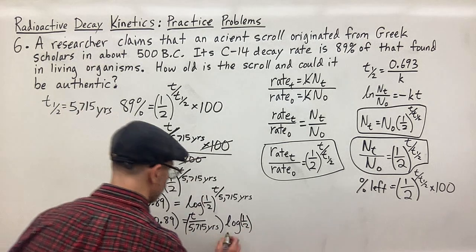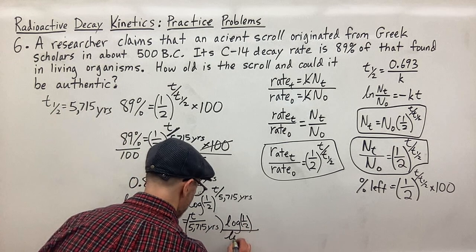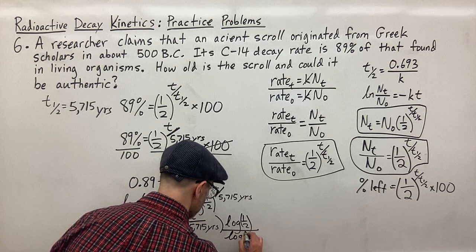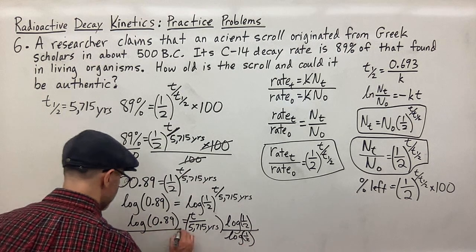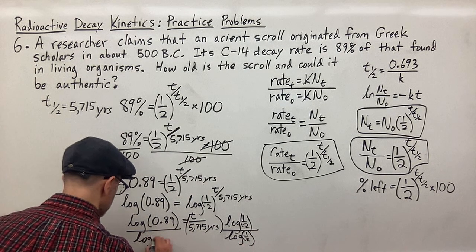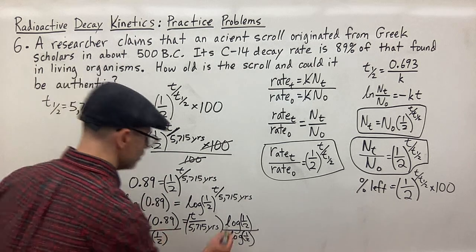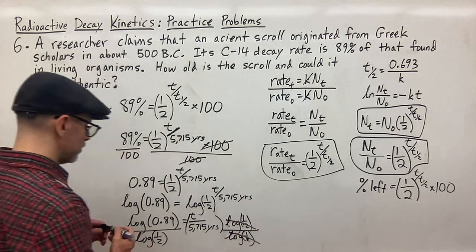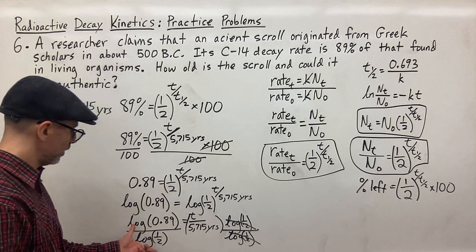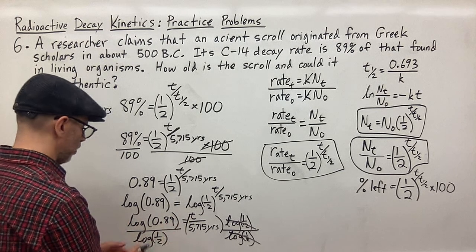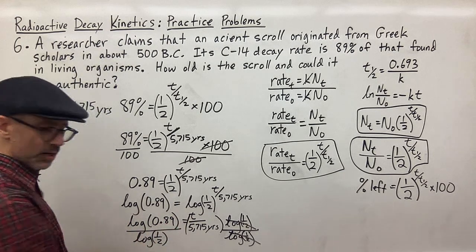Now I can divide both sides by the log of 1/2. So this cancels out. Now I have these two equal.